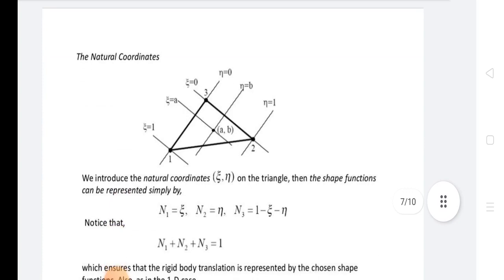In natural coordinates, this is the diagram, with the zeta and eta coordinates, zeta equal to 0, eta equal to 0.